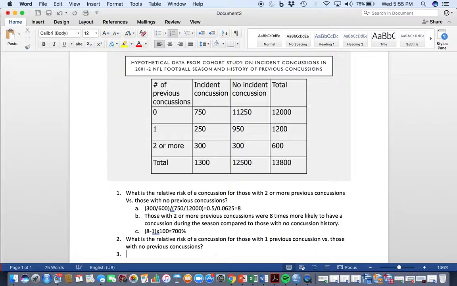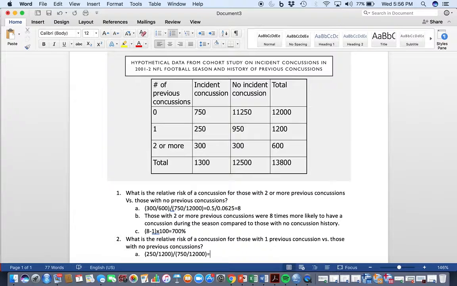And so we can do the same thing for this group, those that had one previous concussion. The incidence rate for those that had one previous concussion was 250 divided by 1200. And then we're going to divide that by our referent group. We already know the incidence in our referent group, 750 over 12,000.